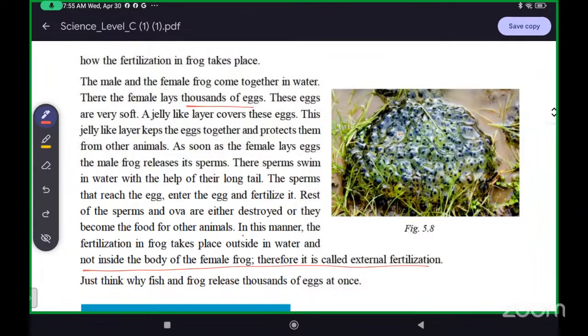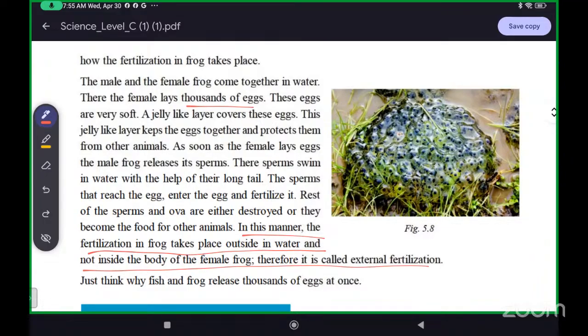Okay. Now, female frogs lay a lot of eggs. And at that time only, the male frog releases its sperms in the water. So the sperms swim in the water, in the lakes, and then they fuse with the eggs.